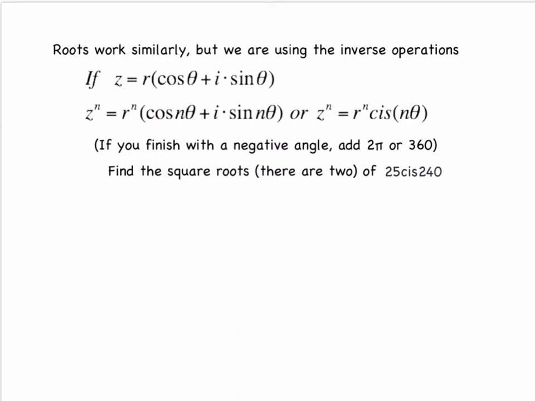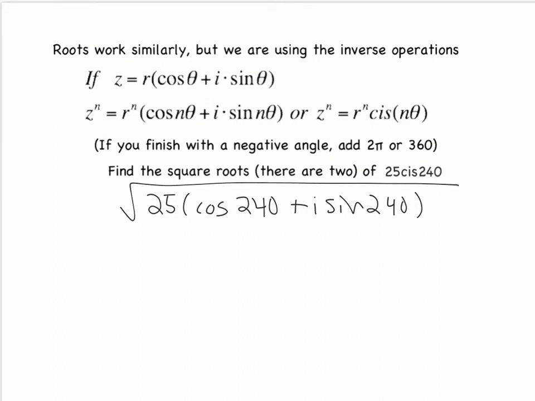Alright, so for this last problem, we're going to do the square root of 25 cis 240, which means we're really going to take 25 times the cosine of 240 plus i sine 240, and we're going to take the square root of it. So out front, we do exactly what we would expect, the square root of 25.